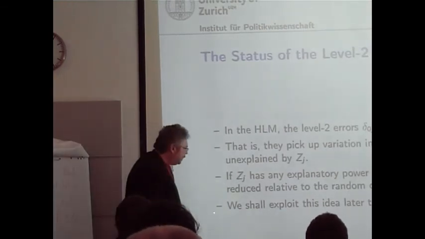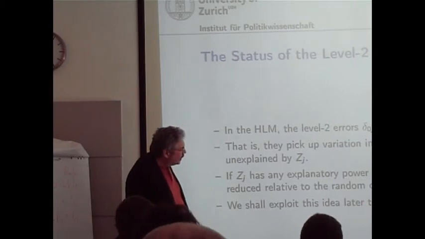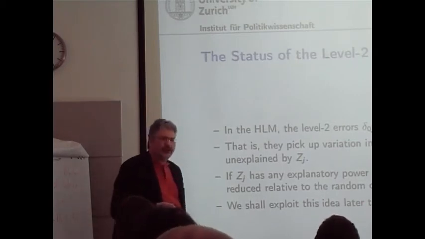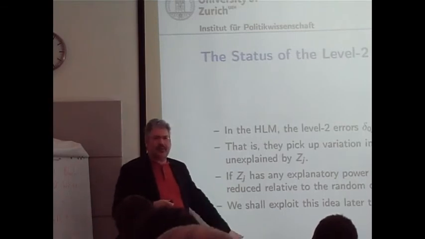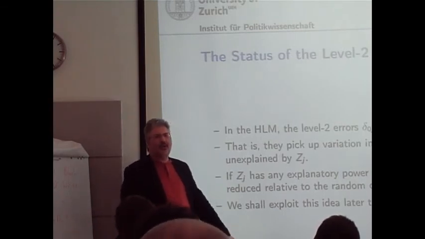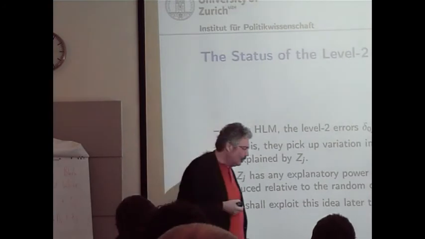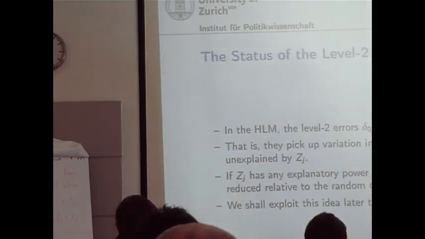I said here we shall exploit this idea later to develop an R-square measure, and this morning as I was looking through my notes, I discovered that I skipped that part, so I will add it later on the board here.